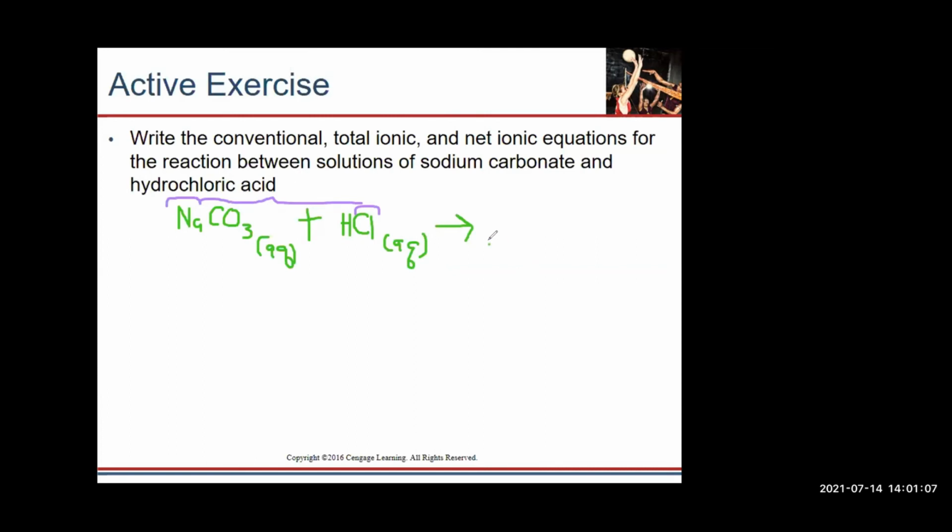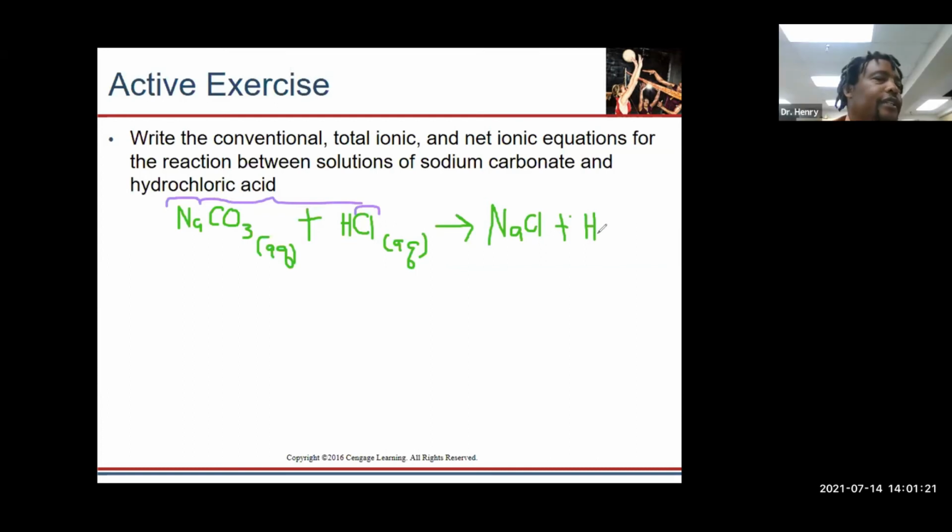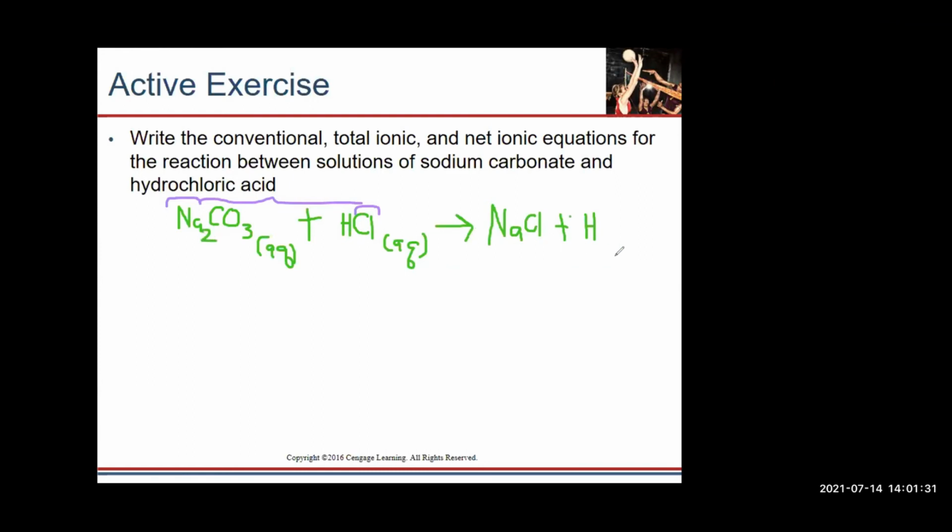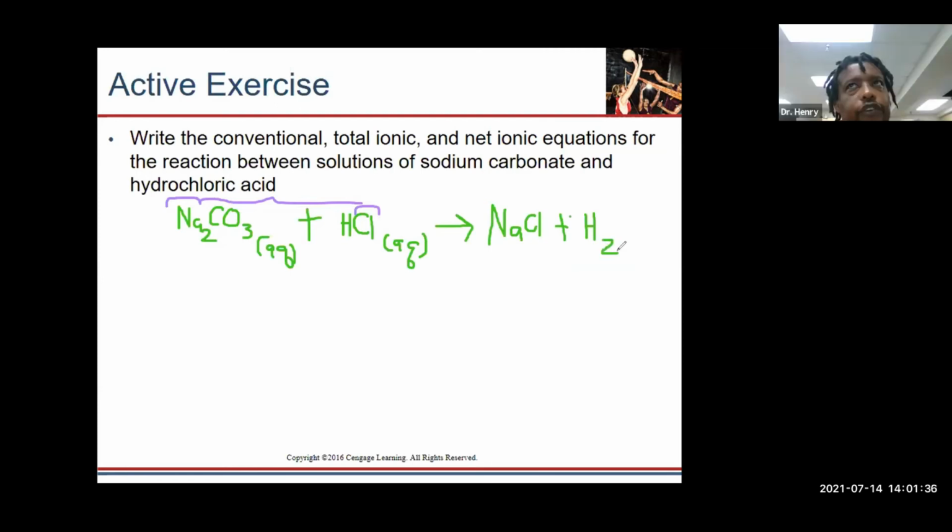Plus HCO3. Are you sure just HCO3? Carbonic acid. Oh, this is a mistake here. This should be a 2. Okay. So H2CO3.